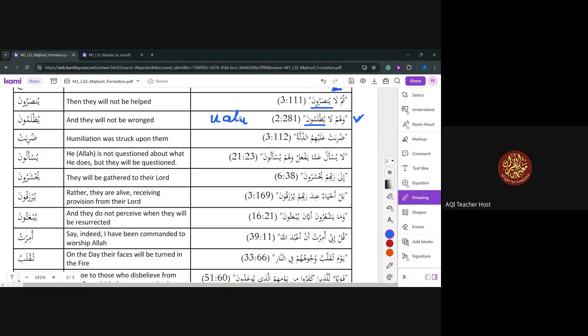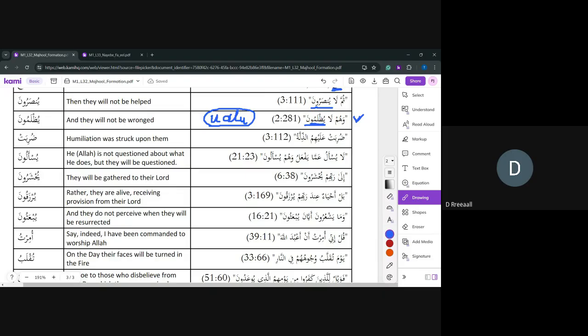This is a Mudari Majhool and it follows the u'alu pattern. Remember, for Mudari Majhool, u'alu. So here, yuzlamu, and the nun is the suffix for the plural form. U'alu is the base.